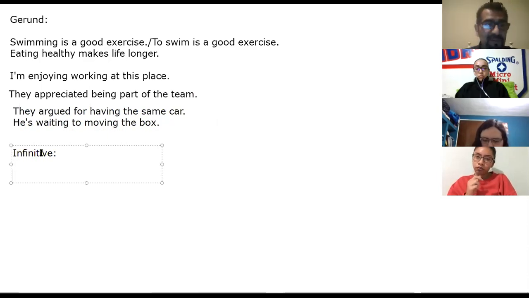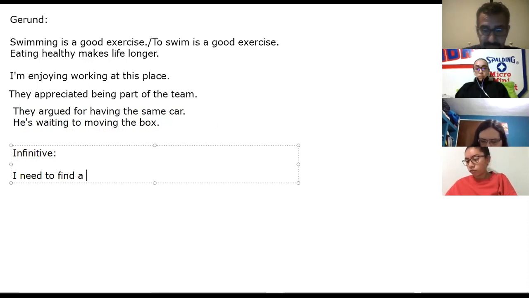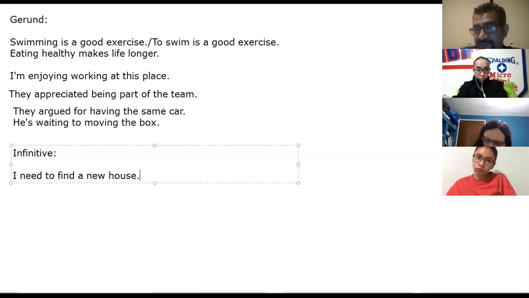For example, I need to find a new house. In this case, we have two verbs, need and find. Every time that you have two verbs, it is necessary to separate the two verbs with to. That is the infinitive. And you can do it with any tense.